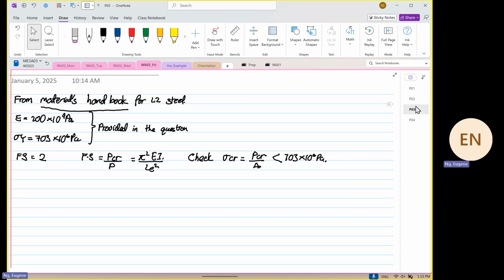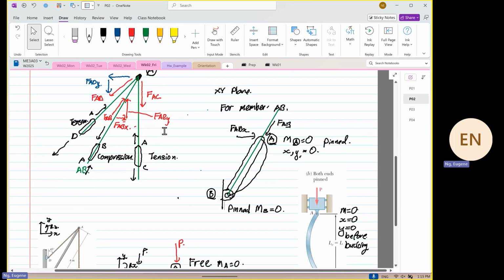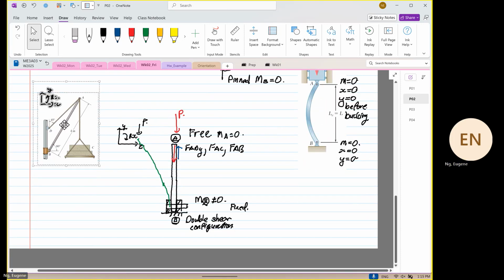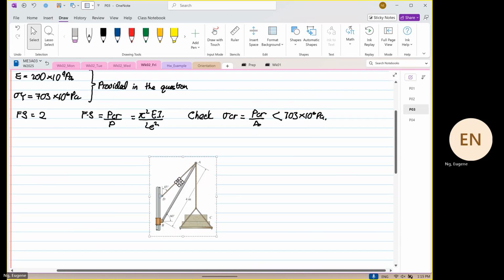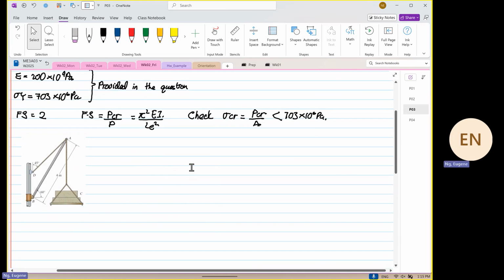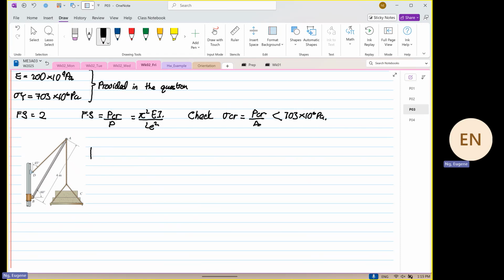So now going back to the question again, I will copy the diagram and bring it down here. So we know that over here, this is our X, Y, and this is our rotation about Z. Given to us, rod AB.